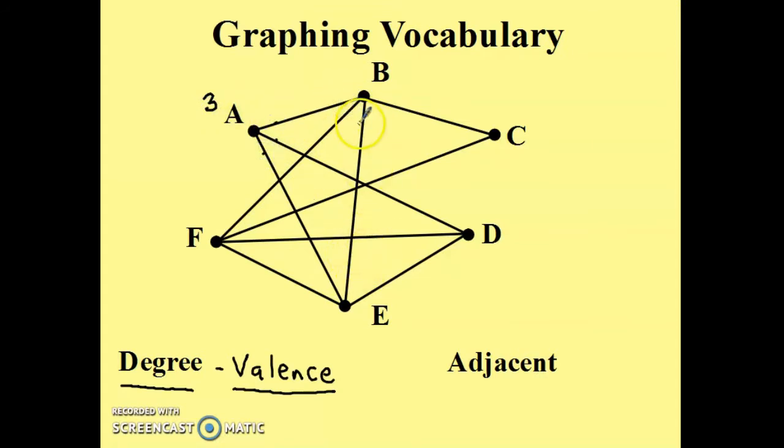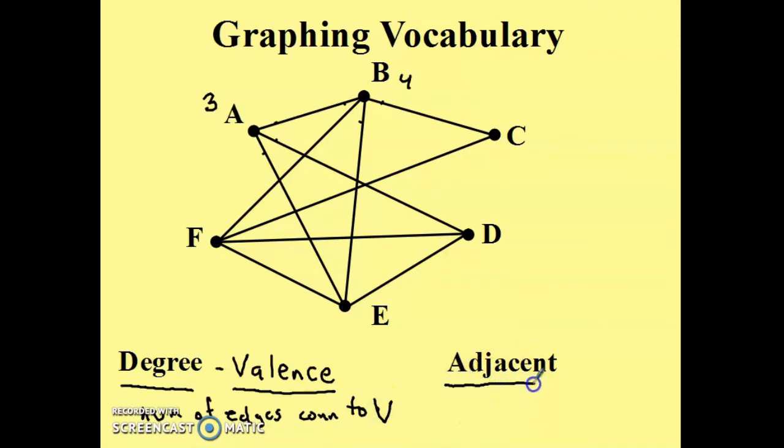B has 1, 2, 3, 4 edges, so its degree is 4. F would be 4, E is 4, and C is 2. That's the degree: the number of edges connected to the vertex.